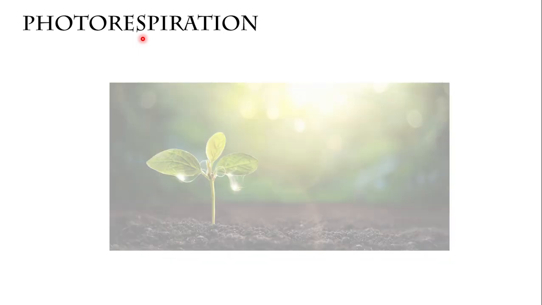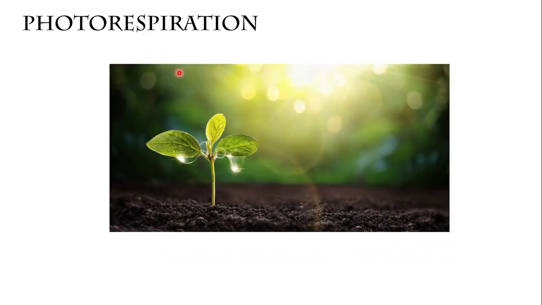First is photo and the second is respiration. Photo is the word used because this process is carried out in the presence of sunlight, and the respiration shows that in this process the plant will use the oxygen and in turn it will produce the carbon dioxide.